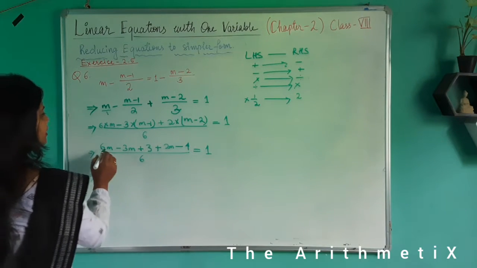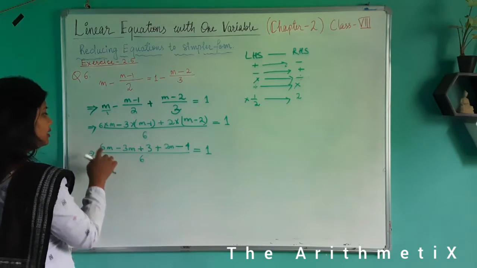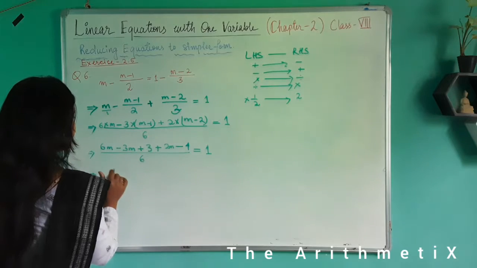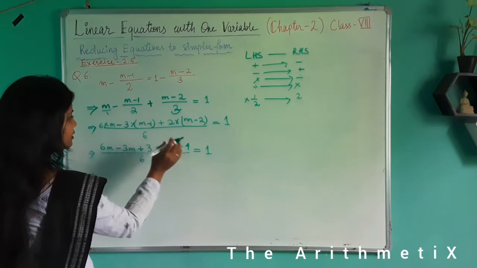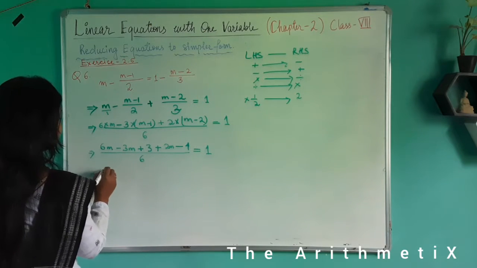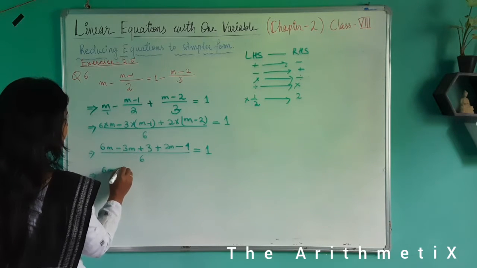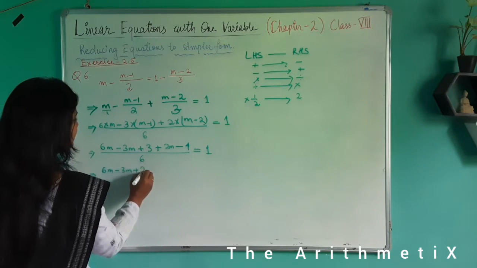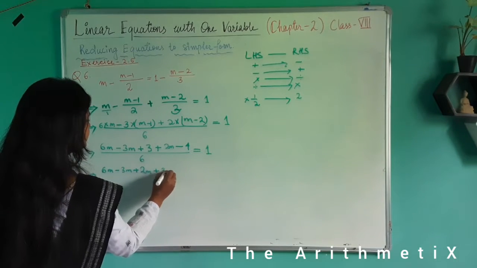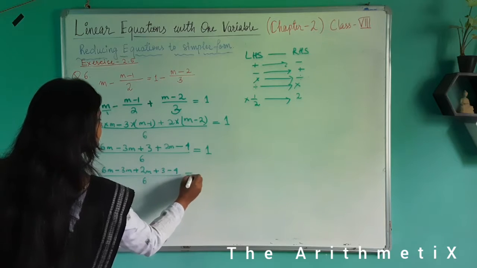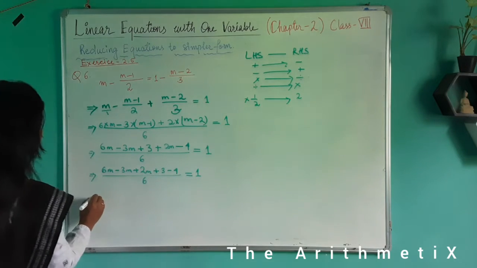Now see, rearrange the terms here. Keep the constant terms aside and we will keep them at last. So now let me write 6m minus 3m plus 2m plus 3 minus 4, divided by 6 equals to 1.